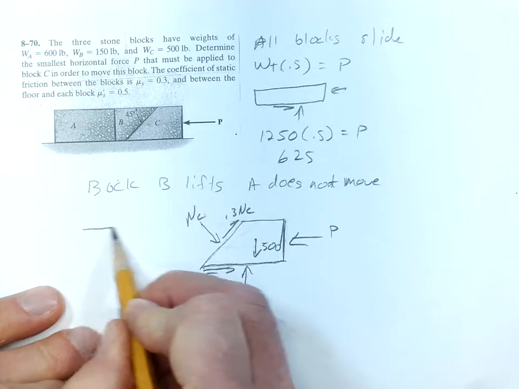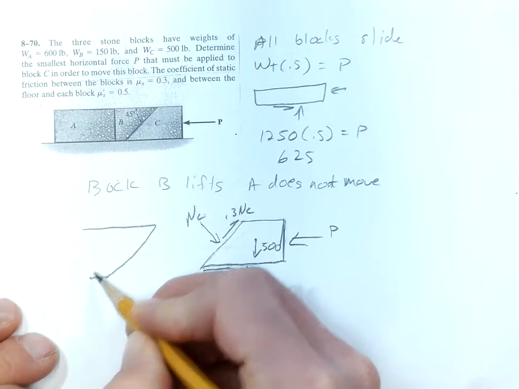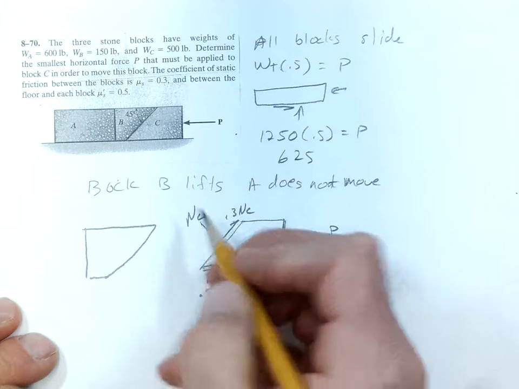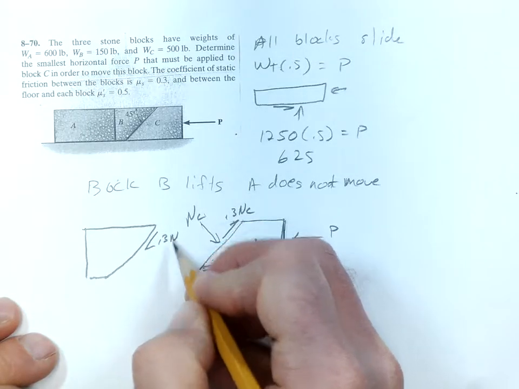Then drawing this block, a little wedge piece B, we have friction down, which is 0.3 NC.